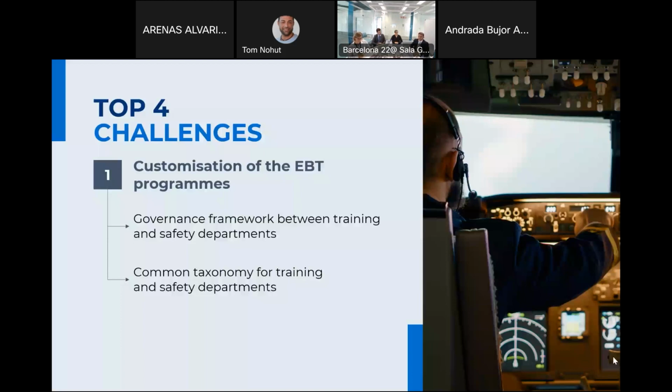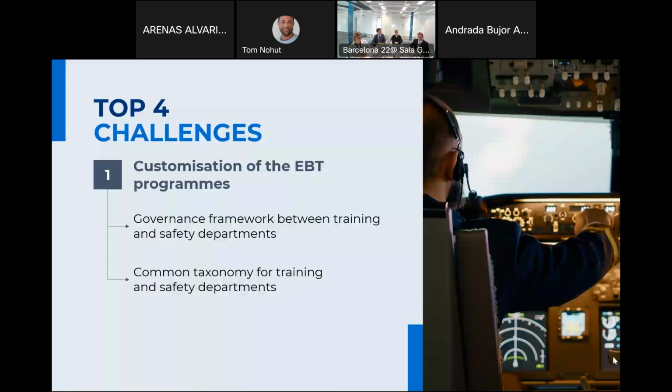So in that regard, ensuring that the safety department is able to acquire an understanding of the competencies and the behaviors that are usually used in training requires an effort in the standardization of the safety department on the operator's end. And that is commonly materialized in EBT dissemination and promotion initiatives.